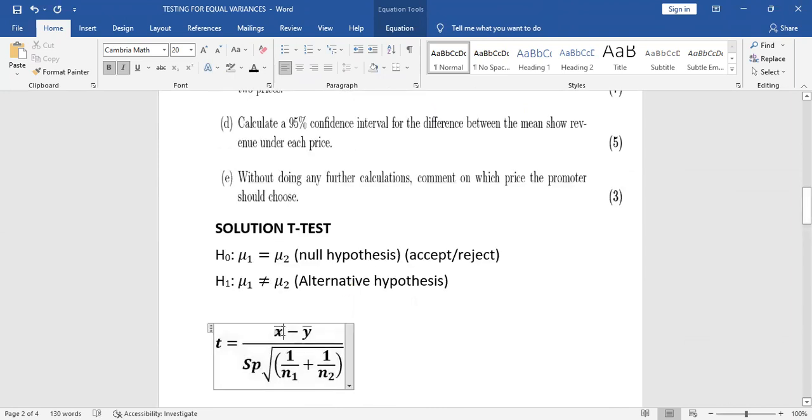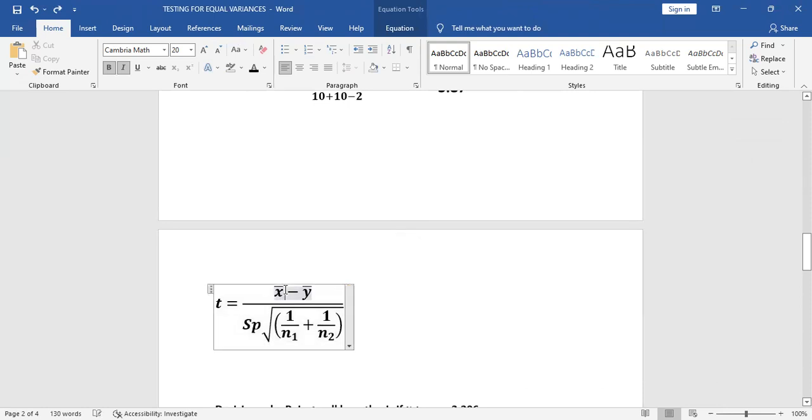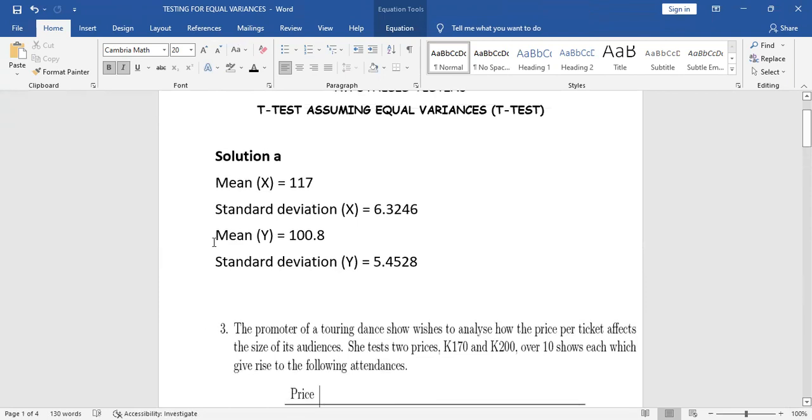So I'm putting 117 here. Sorry, it's not here, it's here: 117. Mean 2, calculated from the data, is 100.8. There you go. Mean 2, 100.8.